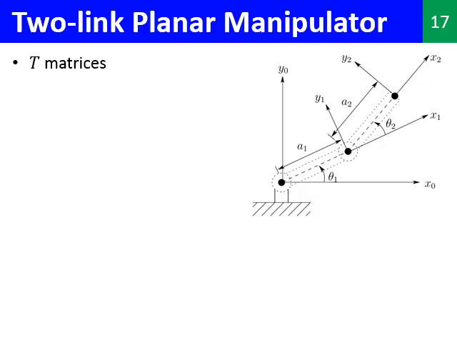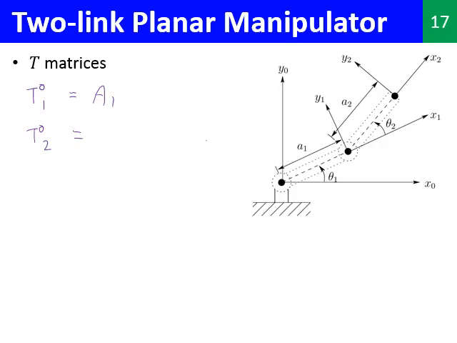Now we can find the transformation matrices, the T matrices, or we can call them H matrices as well. So what is T01? Yes. So it's nothing but the A1 matrix, right? The transformation matrix from coordinate frame 0 to frame 1. Then what about T02?